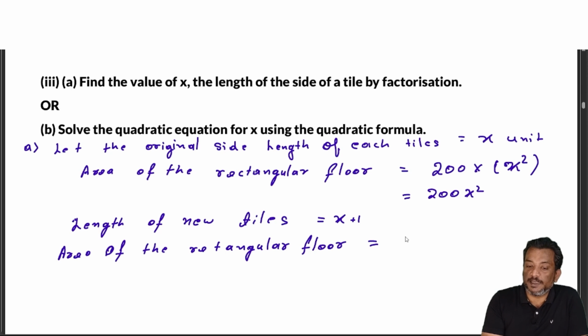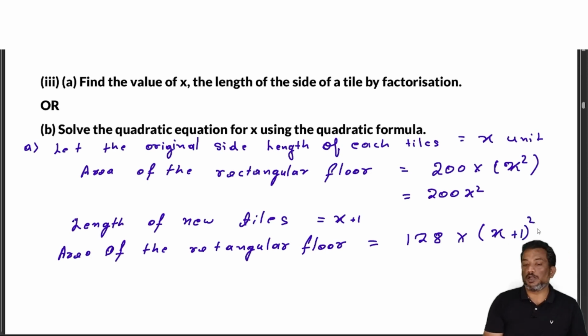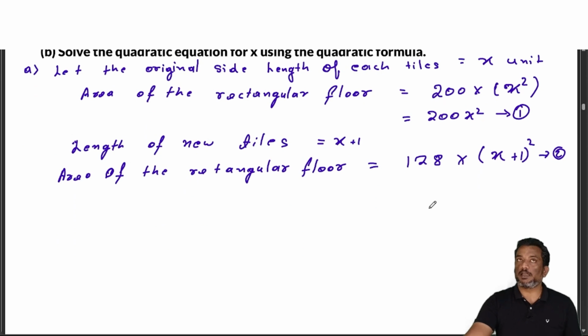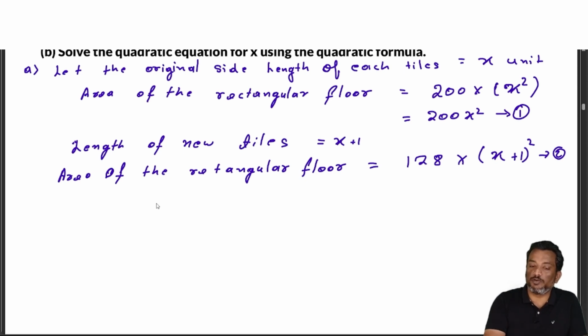So you can say here 128 times side square because area of the tiles, so x plus 1 whole square. Okay. Now you can see here you get a first equation, this one, and this one is the second equation. Now in both cases, whether the tiles are 200 or 128, in both cases the area of the floor should be the same.